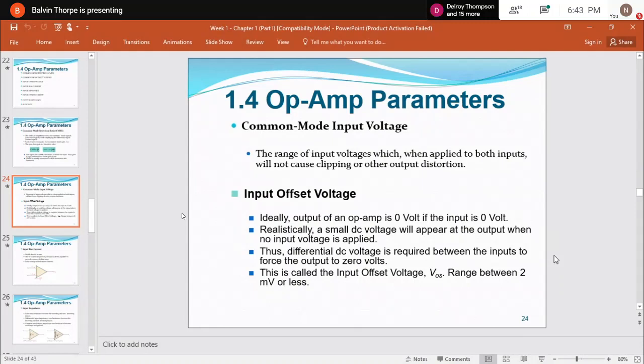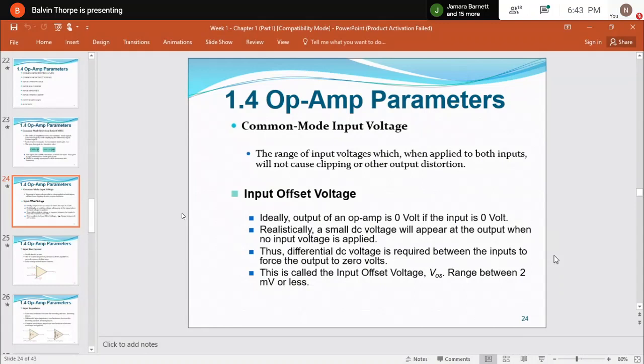With no input voltage, we see what the output voltage is going to be when we look at a meter, right? Keep the meter on the output, and then we tweak the input voltage across the 2 input terminals until we see the output voltage becoming 0 on our meter.